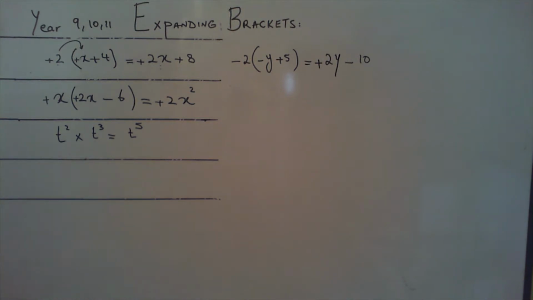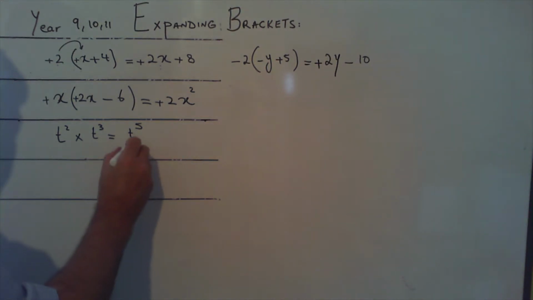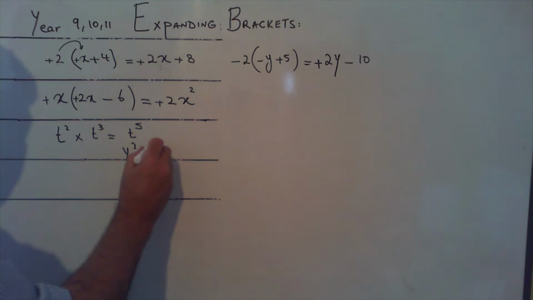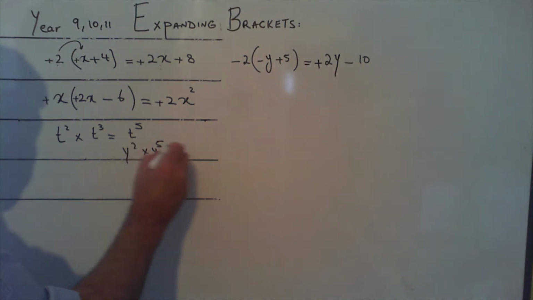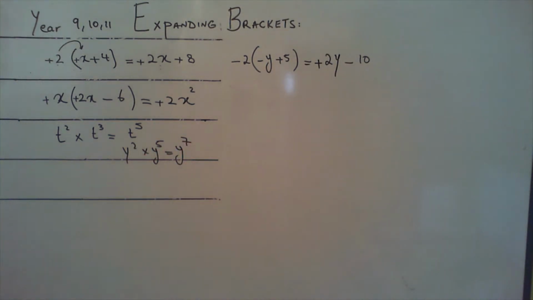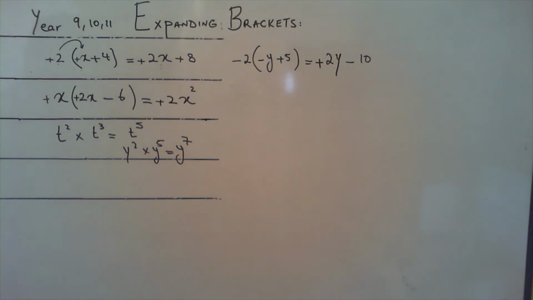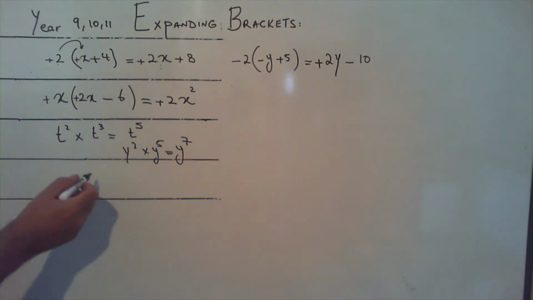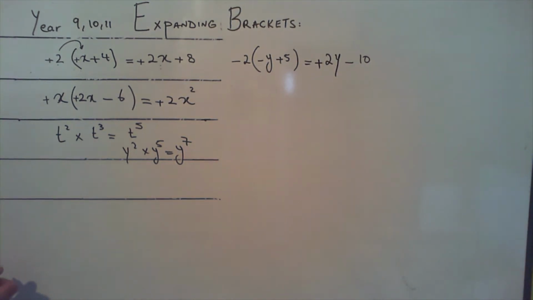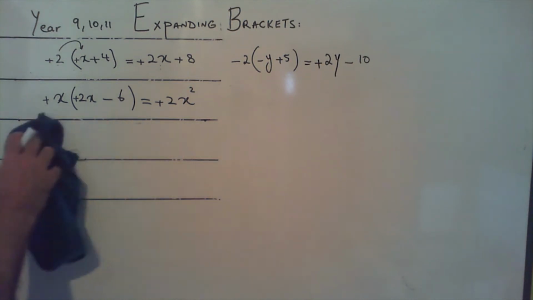It's a basic rule. So if you have y to the power of 2 times y to the power of 5, we write the base and add the powers. Of course in year 9 you have only the multiplication rule and the division rule, but the multiplication rule here in expansion of brackets is important.